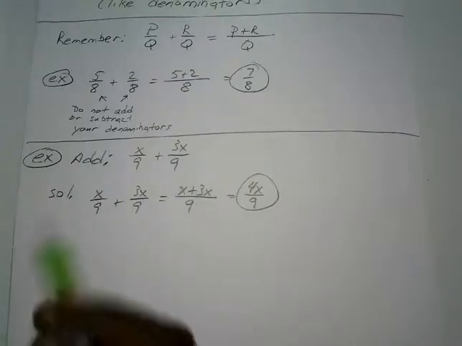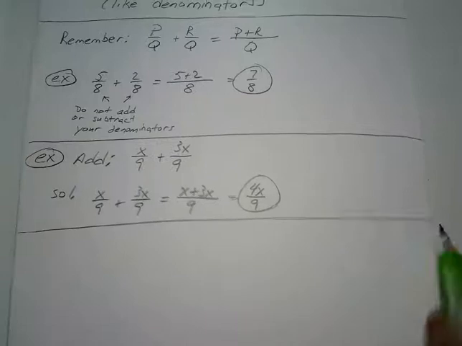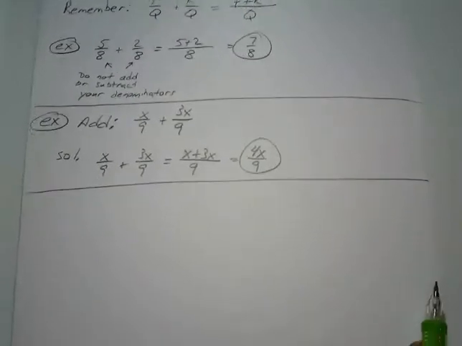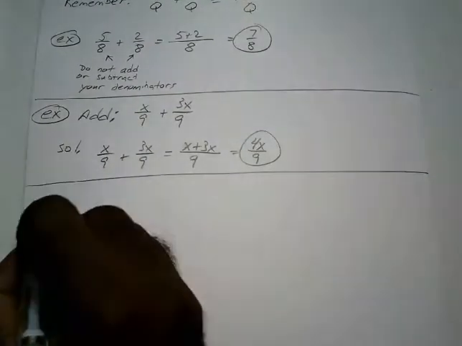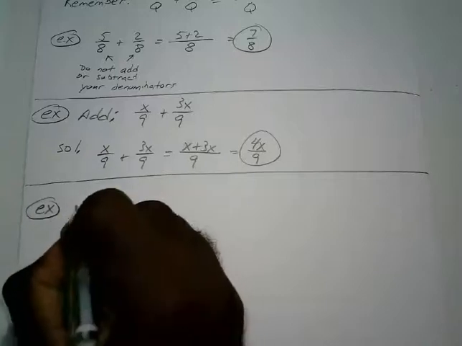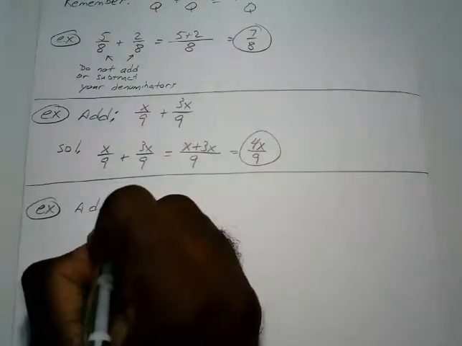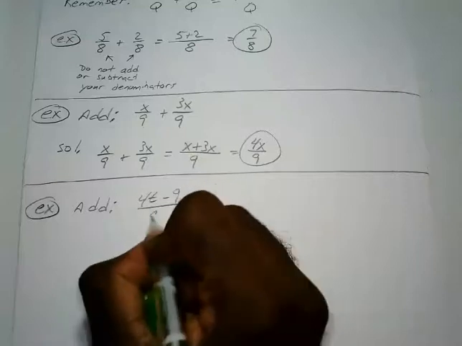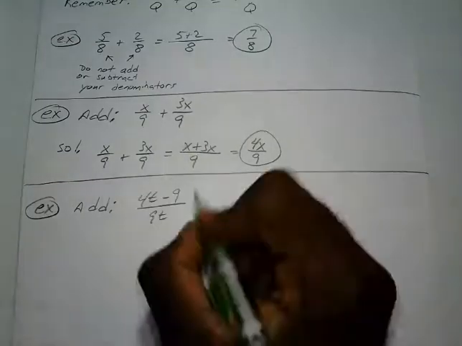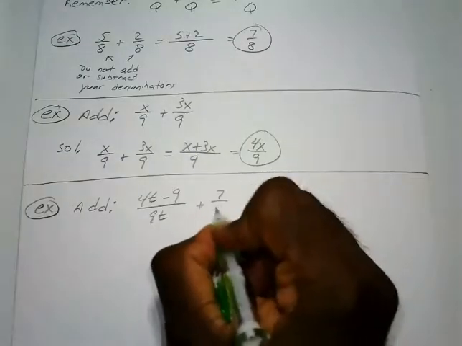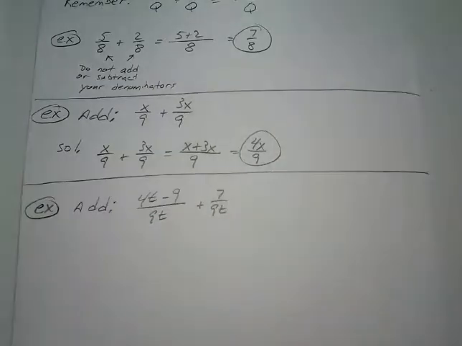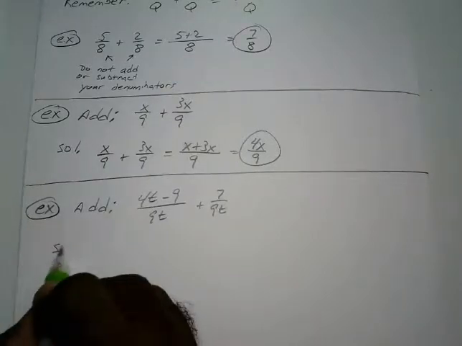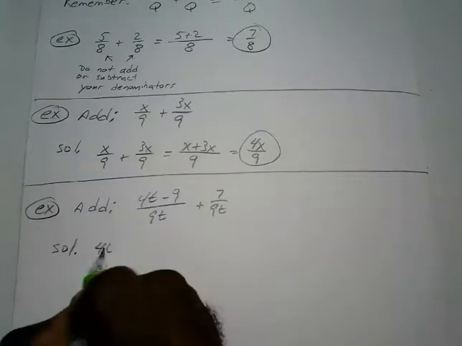So what if we had the example where we needed to add 4t minus 9 over 9t plus 7 over 9t. We will just rewrite this.